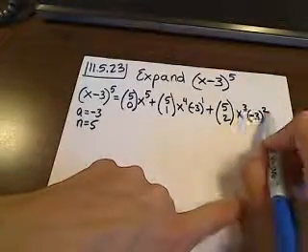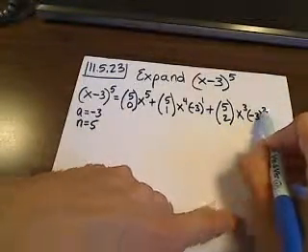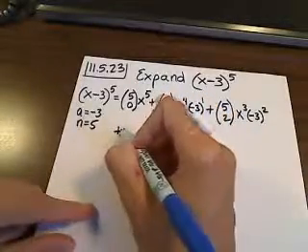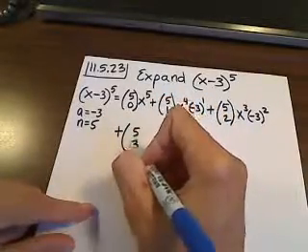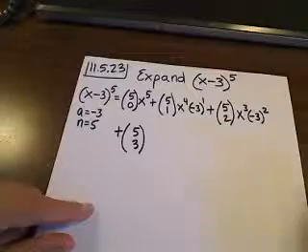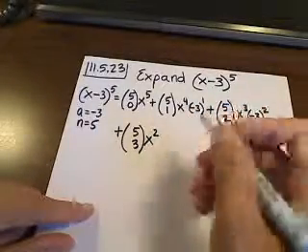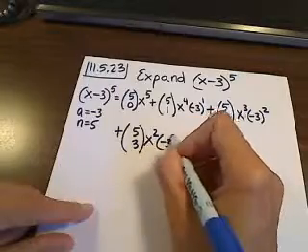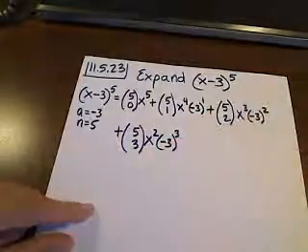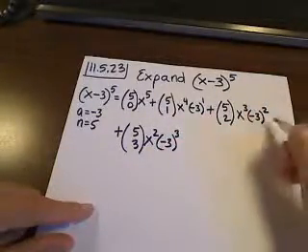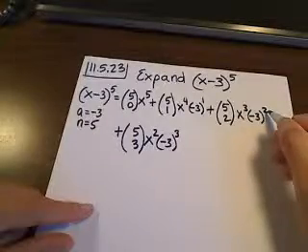And again, 3 and 2 gives us a power of 5. Then plus a combination of 5 things taken 3 at a time. Descend the power on x, so we go to x squared, and then negative 3 to the third power. That's ascending that power right there.